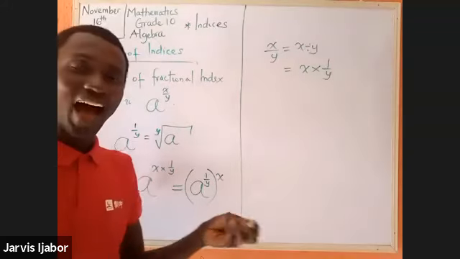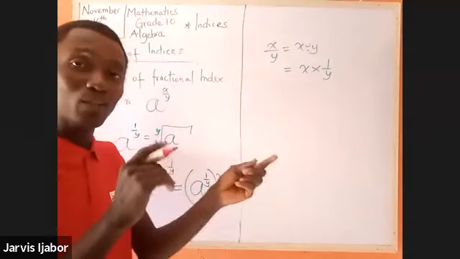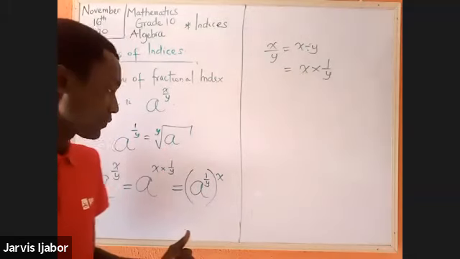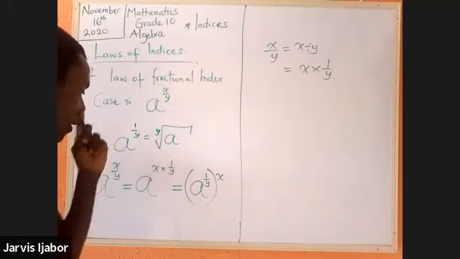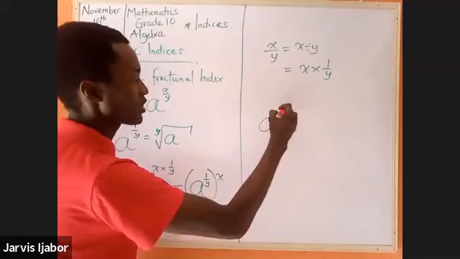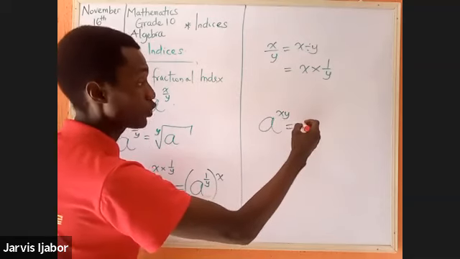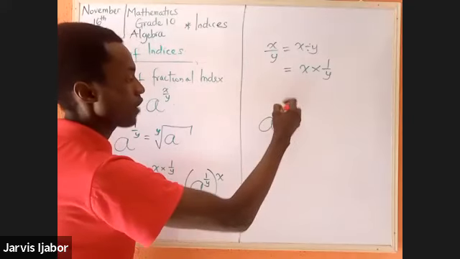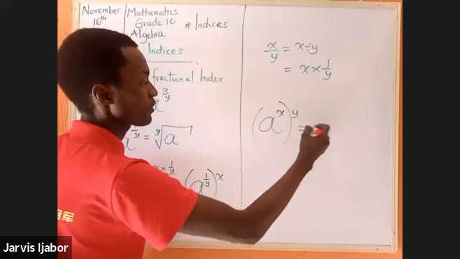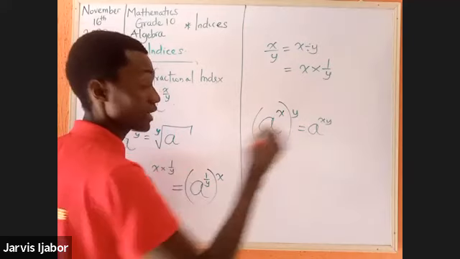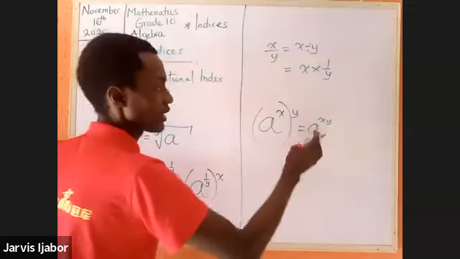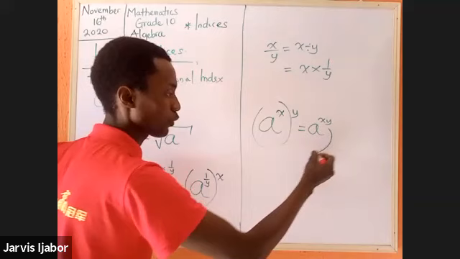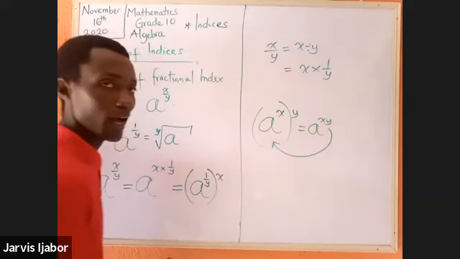So you see now that I am actually using that rule backwards. Before, we said that a raised to the power of x, y would have given you a raised to the power of x into a raised to the power of y, which would have given you a raised to the power of x, y. But now imagine I'm coming from this point and I'm going backwards this way.